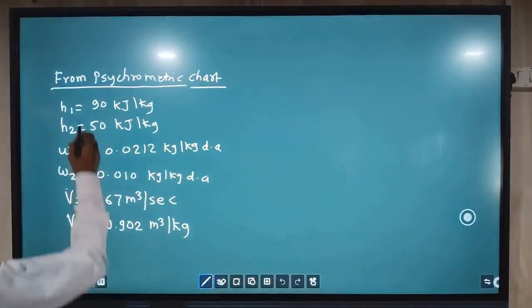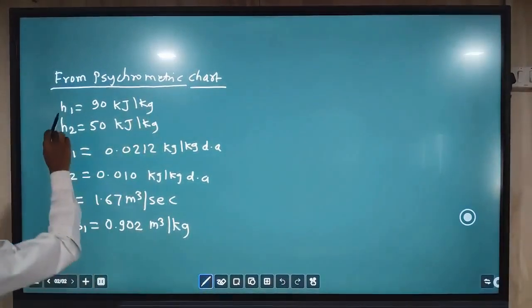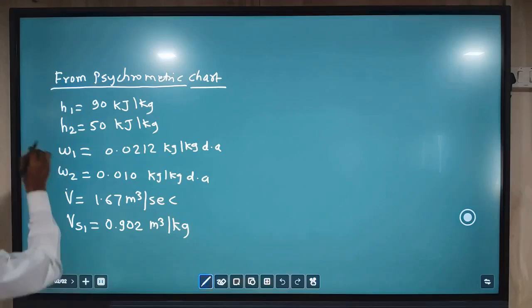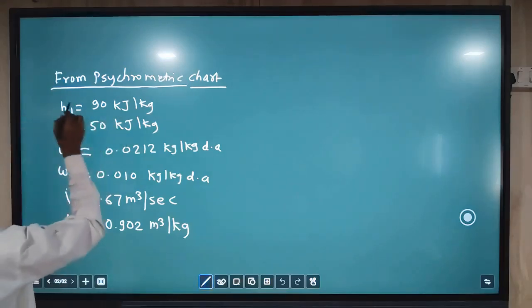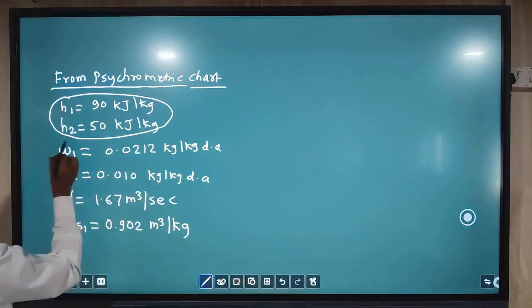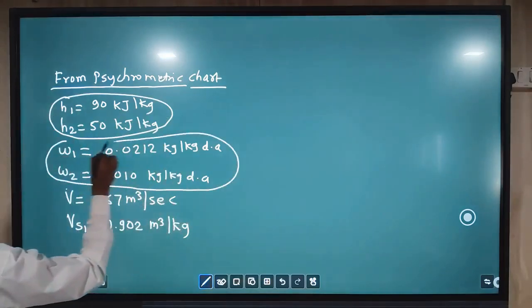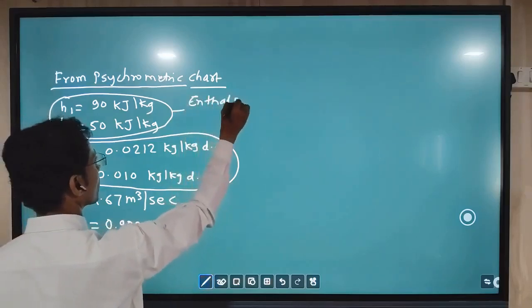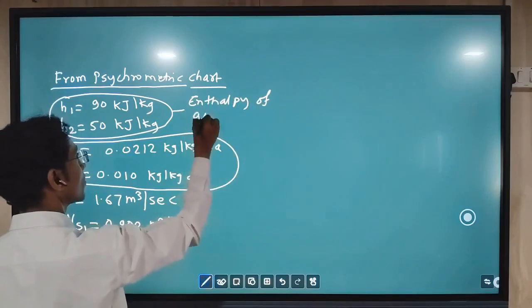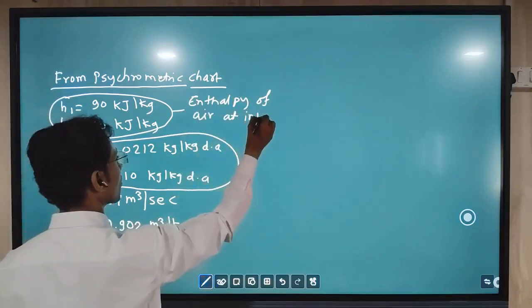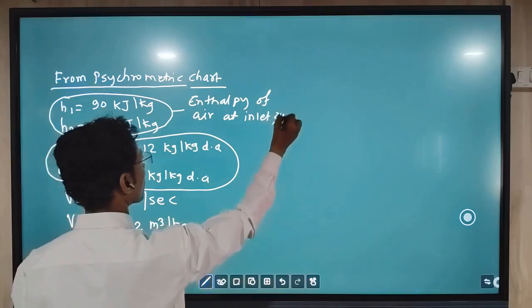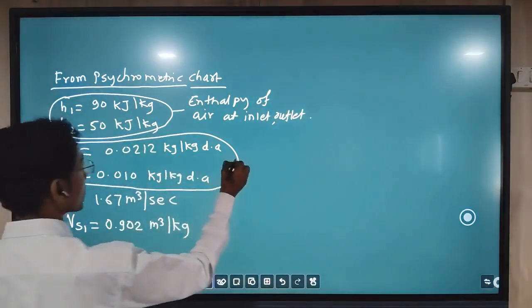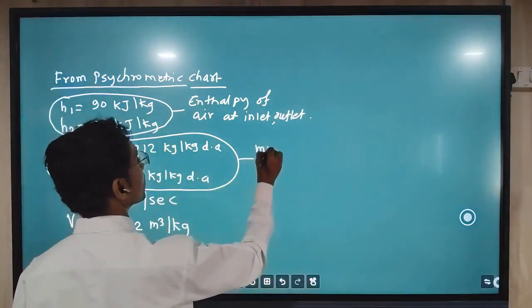So these are the values which we have obtained from the psychrometric chart: enthalpy values at inlet and outlet, specific humidity values at inlet and outlet. Enthalpy of air means heat content. These are the inlet and outlet of the coil, and these are the humidity values, moisture content.